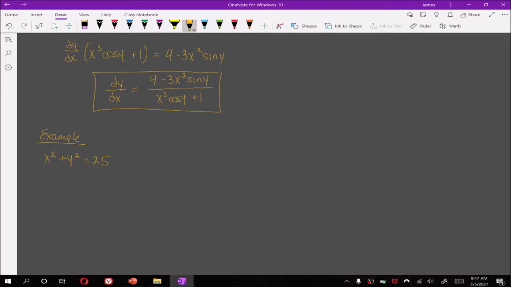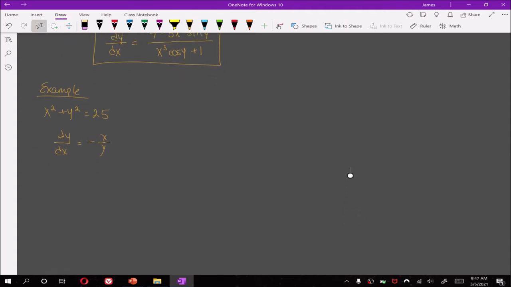Well, we've already found what dy dx was equal to, negative x over y. So if we wish to find the second derivative, so d squared y over dx squared, what we want to do is find d dx of negative x over y. And again, we're going to have to use implicit differentiation here.